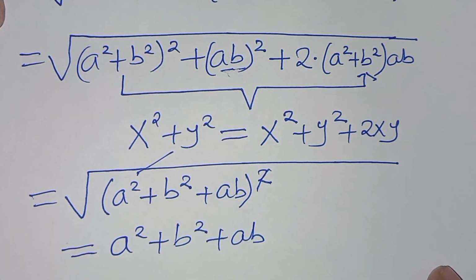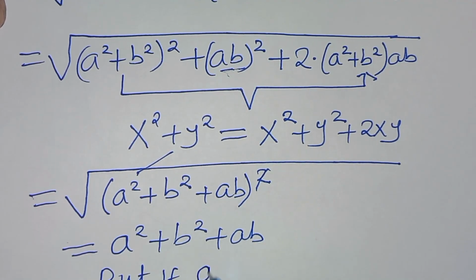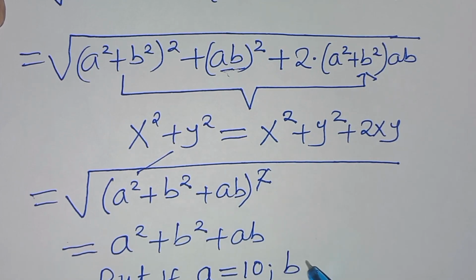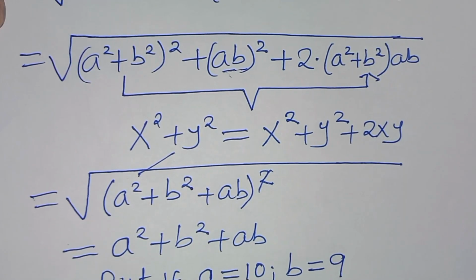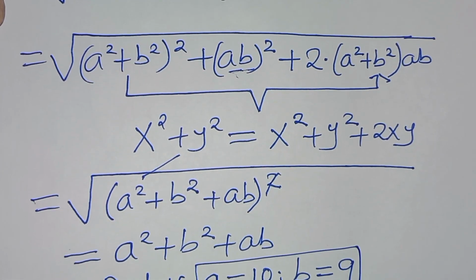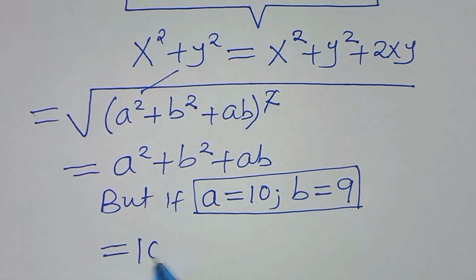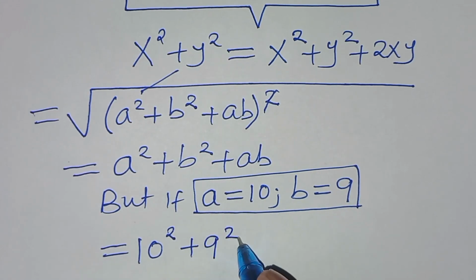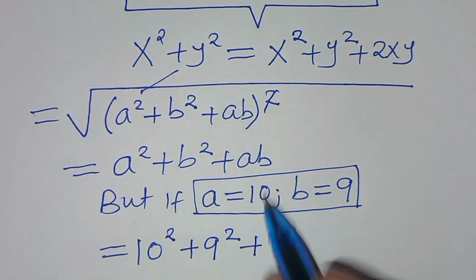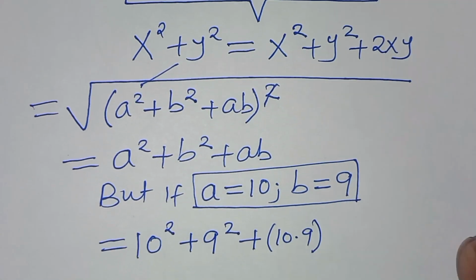Now, if you recall, we said that let a be equal to 10 and let b be equal to 9. So let's substitute this, so that now we have 10 squared plus 9 squared, then plus ab, which is 10 times 9.